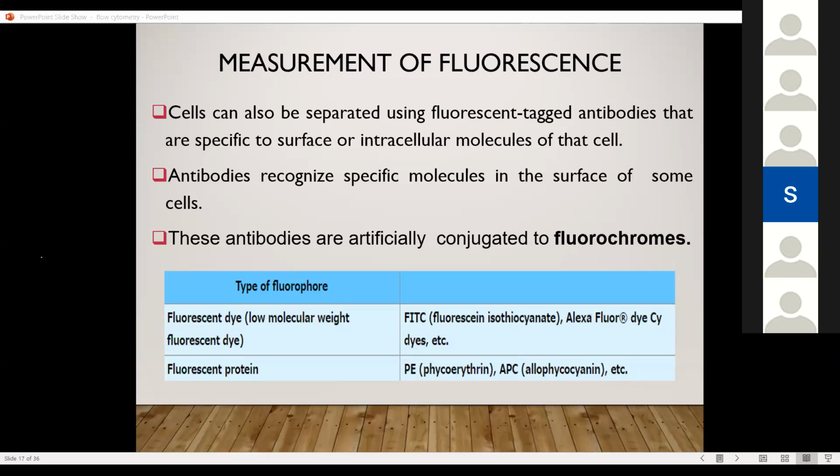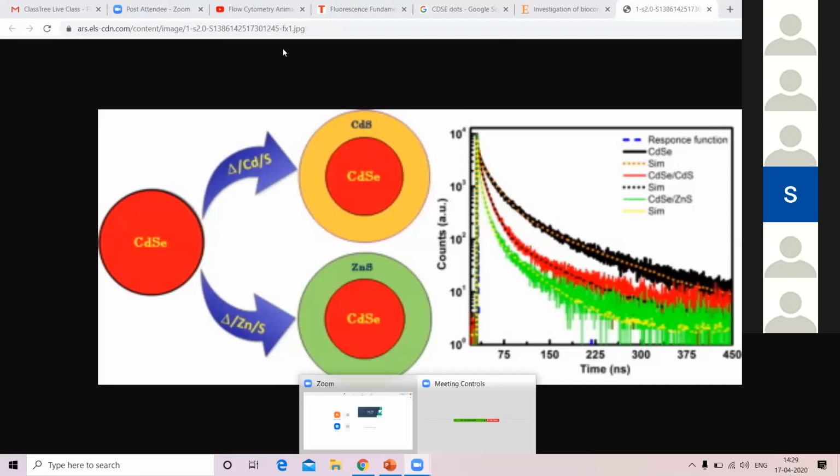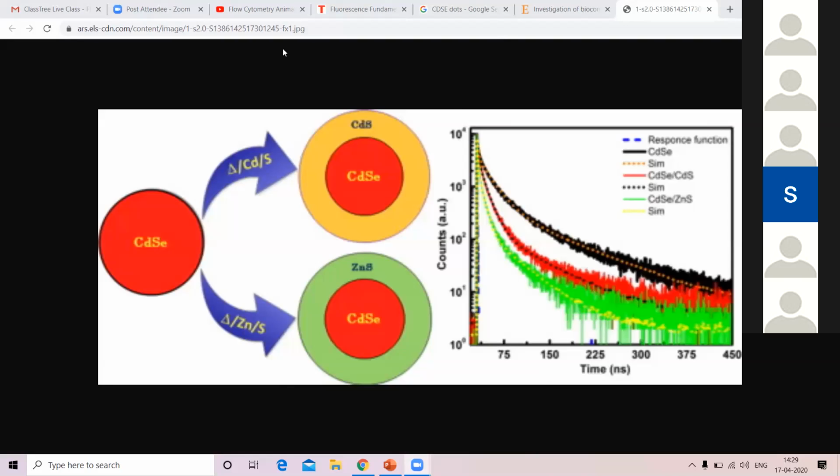Can you try pasting it in chat? Otherwise, I will paste it in a chat. Yes, yes.